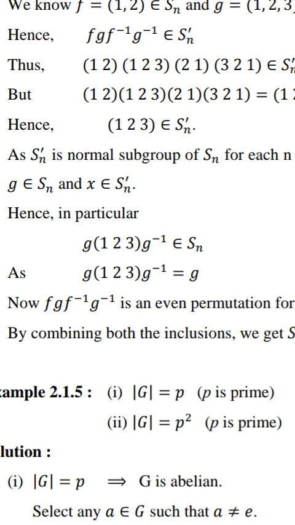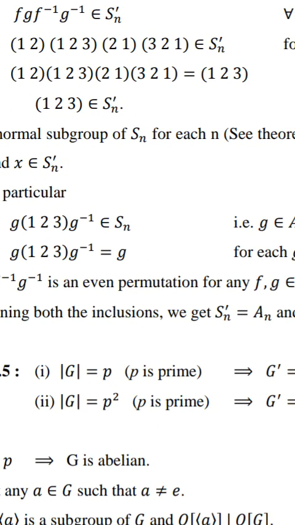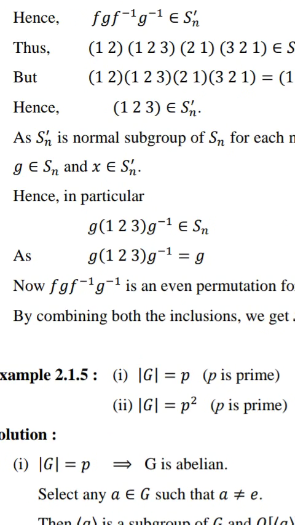as Sn' is a normal subgroup of Sn for each n. Therefore, g belongs to Sn and x belongs to Sn'. Hence, in particular, g(1 2 3)g inverse belongs to Sn'.